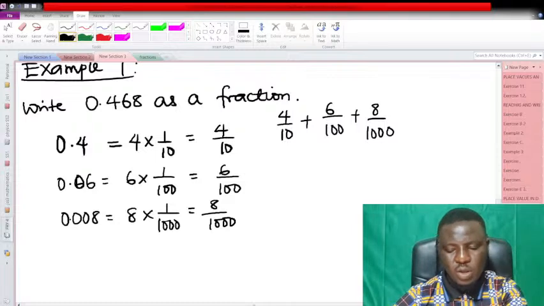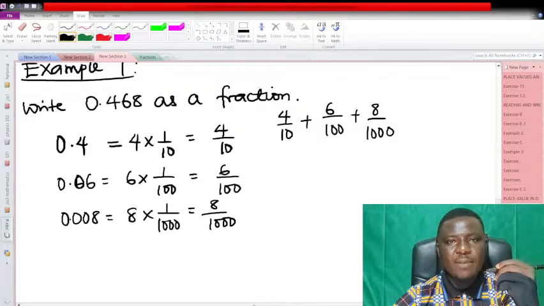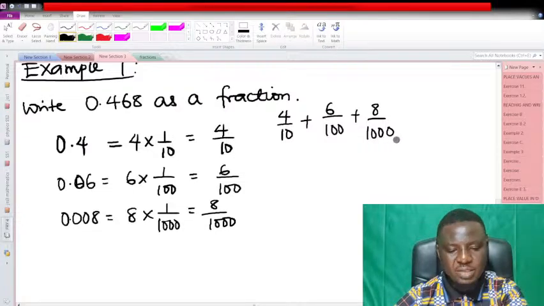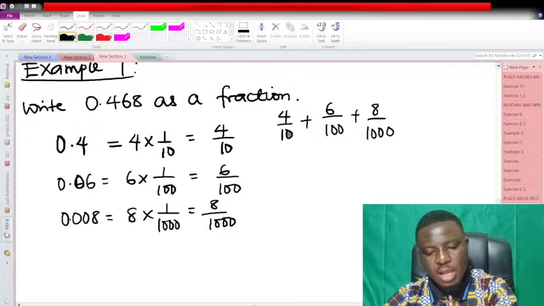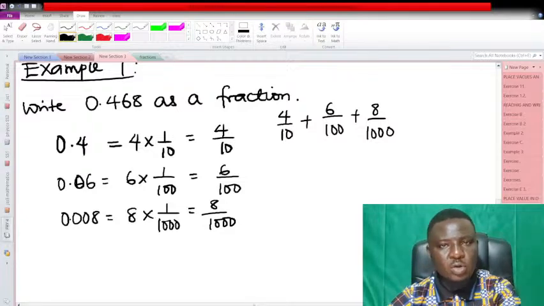So what I'm going to do is add the balance of zeros in 1,000 to 10 to make it equal, and whatever I do to the denominator, I'll equally do to the numerator.